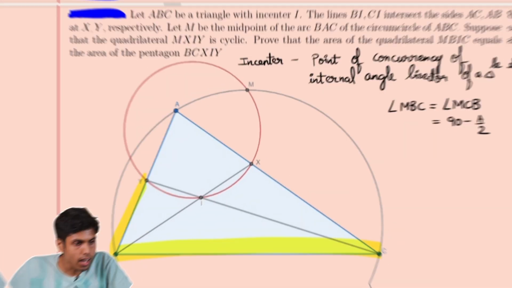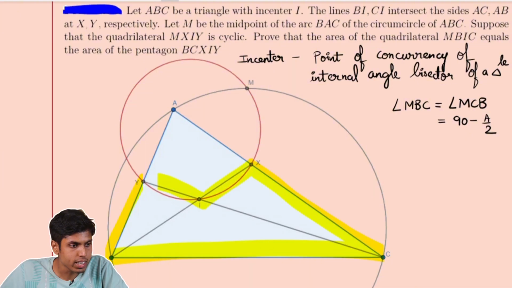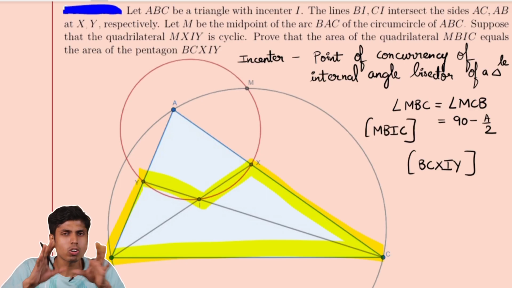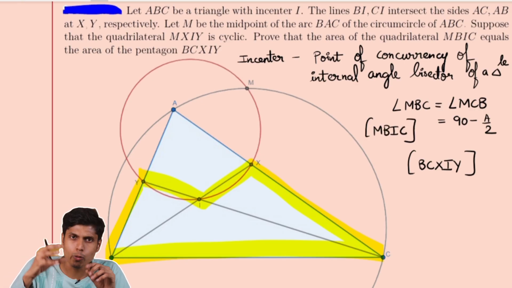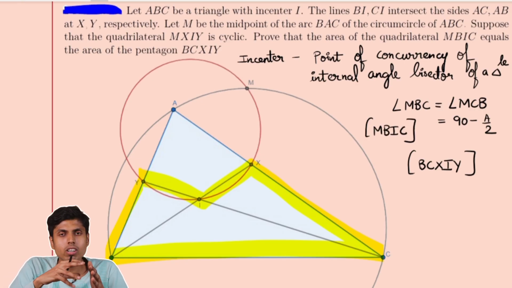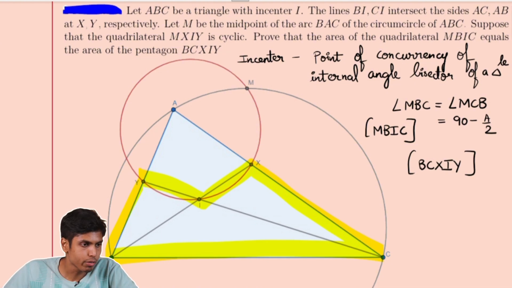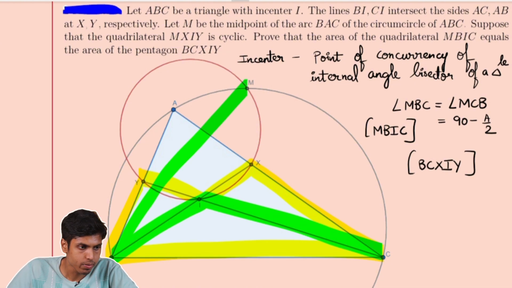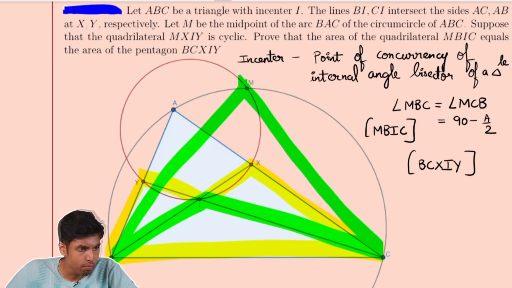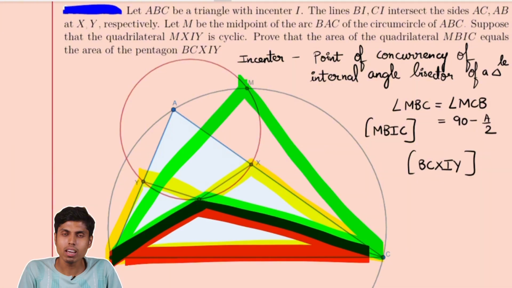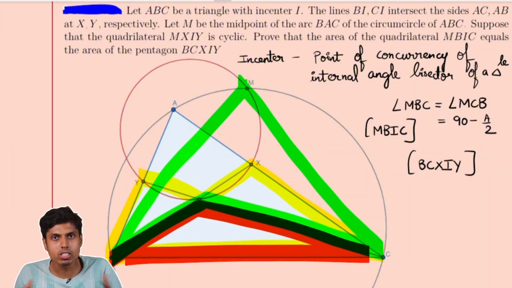So first, I will consider the area BCXIY, and we also have the area MBIC. Something is sort of missing in the picture, that when fitted, will turn into nice configurations. What is that thing missing? For example, if you take MBIC and fit in triangle BIC, you would form a nice triangle MBC whose properties are very much clear to us.